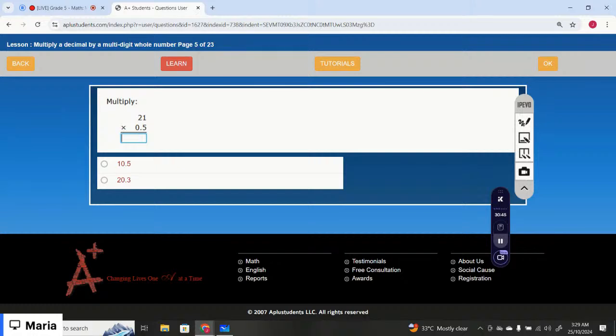The correct option is option number 1, that is 10.5.